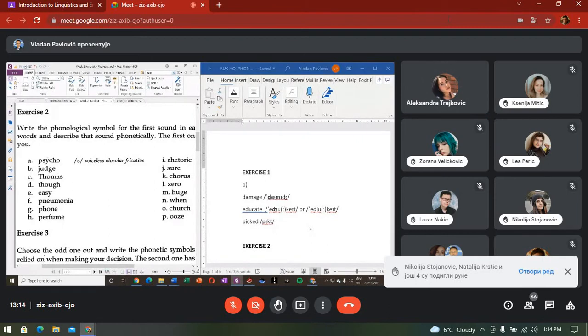The f sound. Do the vocal cords vibrate? It's voiceless, so they don't vibrate. As far as the place of articulation is concerned, what do the parts of our mouth do as we pronounce it? We press the upper teeth against the lower lip.